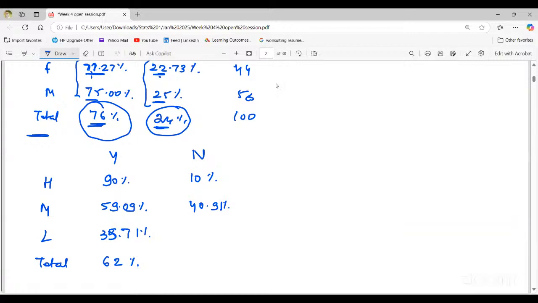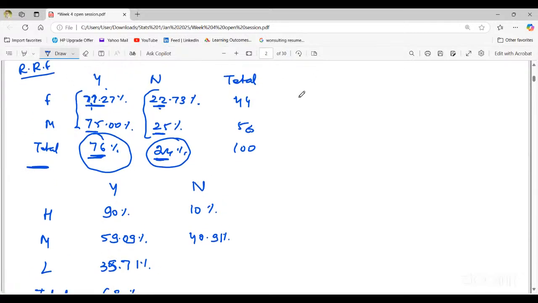So you are saying the ratio between these two rows, like 77 upon 22 is approximately equal to 75 upon 25? No, I'm not taking the ratio, I'm just comparing the rows of the row relative frequency. This 76% is the total percentage of students who are owning a smartphone, right?